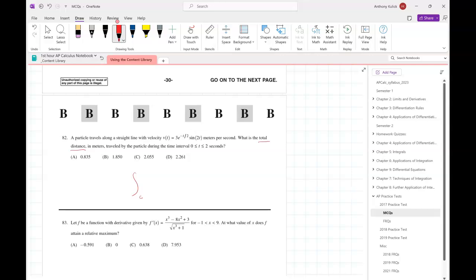Integral of velocity, close, absolute value. Because it's total distance. If I want just the displacement, what its new position is, then I don't need the absolute value.